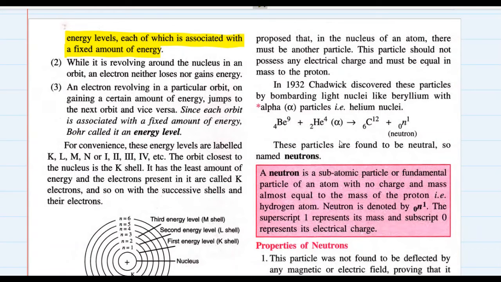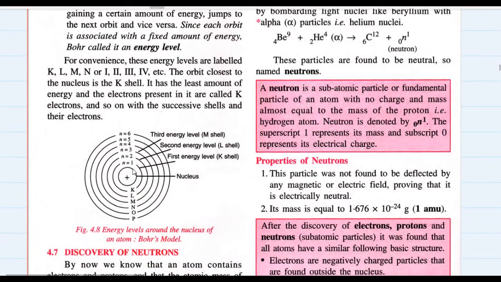So Niels Bohr told that around the nucleus there are some fixed shells which are associated with fixed energy levels. Whether it is the first shell, second, third, fourth, fifth or any shell around the nucleus, each shell has a definite amount of energy associated with it.